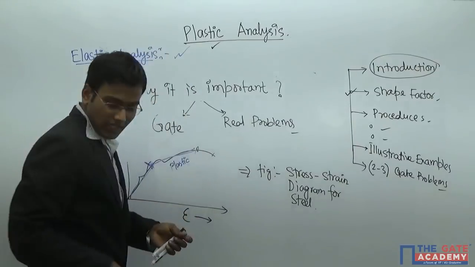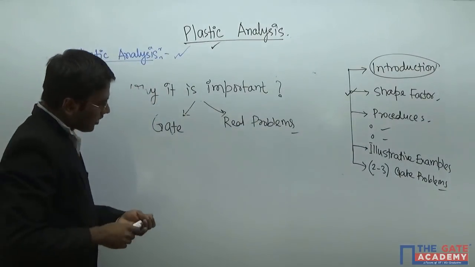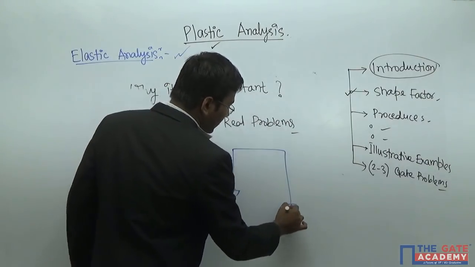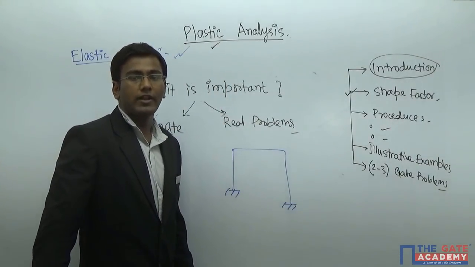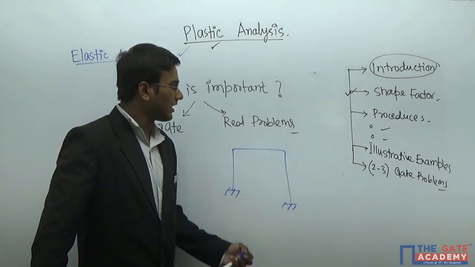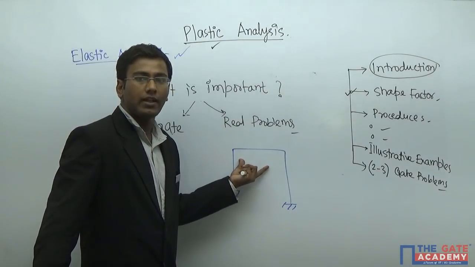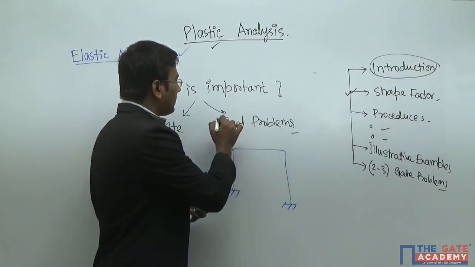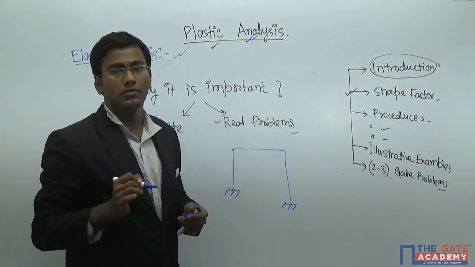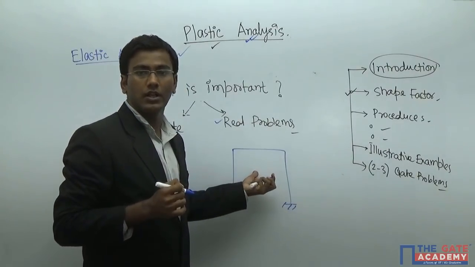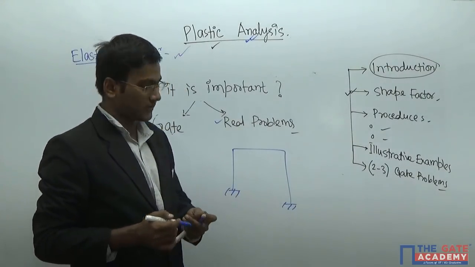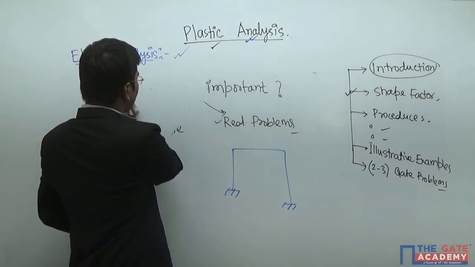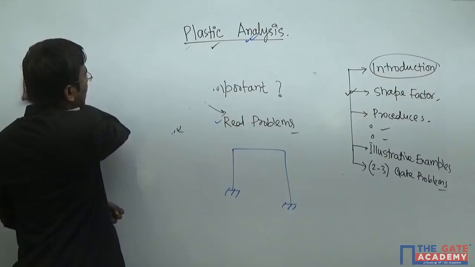Suppose in a steel frame like this, the maximum moment carrying capacity of the beams of the whole frame can be found by only plastic analysis for steel frames, right? So these are our real life problems. So this is the basic introduction of plastic analysis and the difference between plastic analysis and elastic analysis.